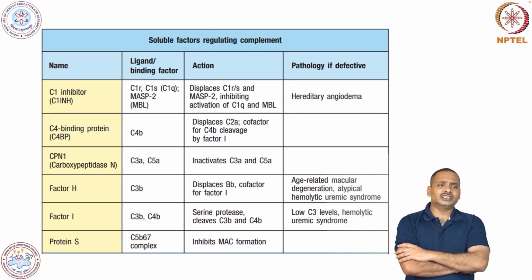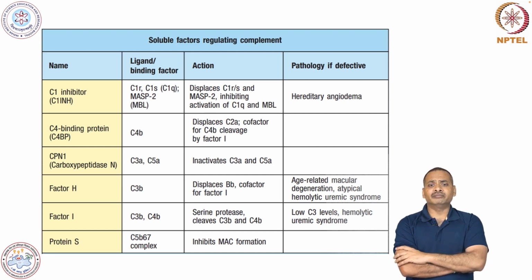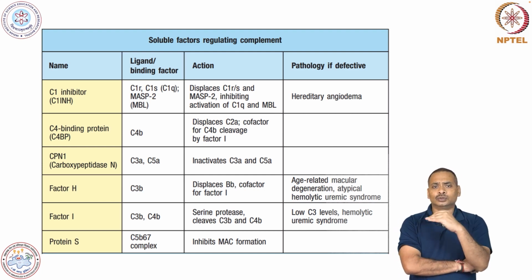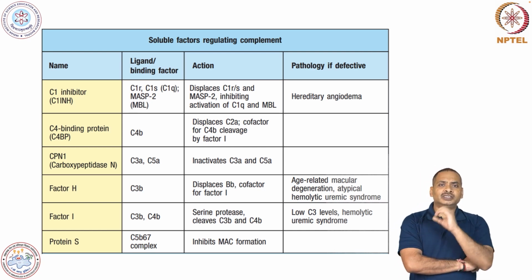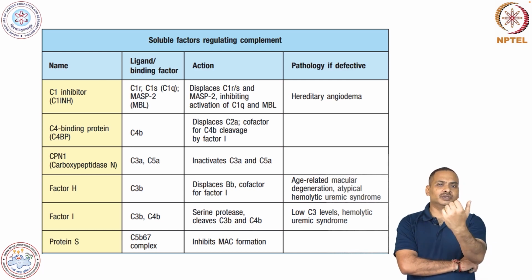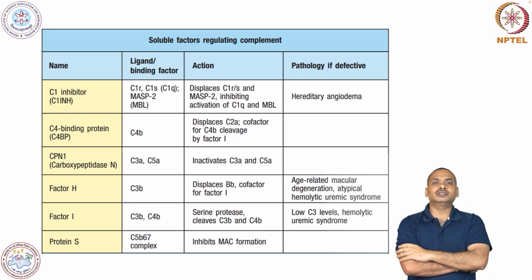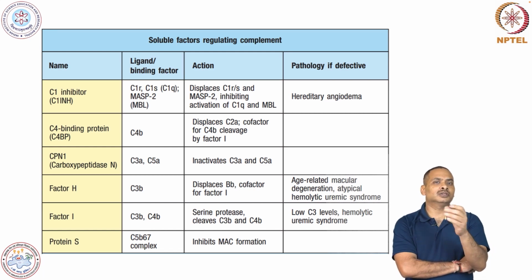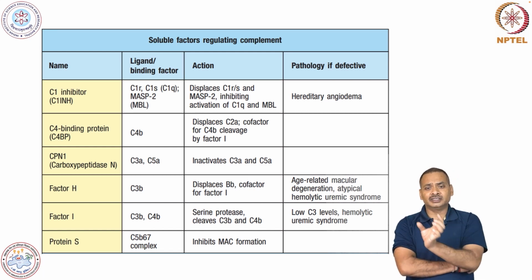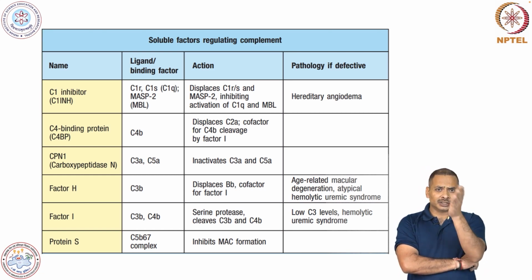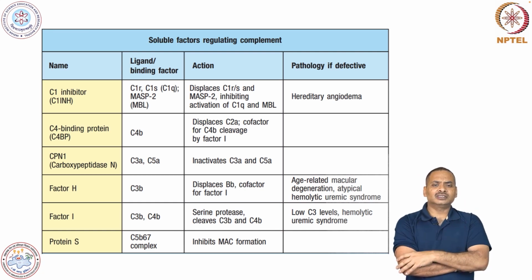Factor H deficiency can result in age related macular degeneration. So, what is age related macular degeneration? In vision, the straight central part will be blurred or not visible. That is known as a macular disease, and if there is degeneration of the macula, which is present on the retina, that results in age related macular degeneration.